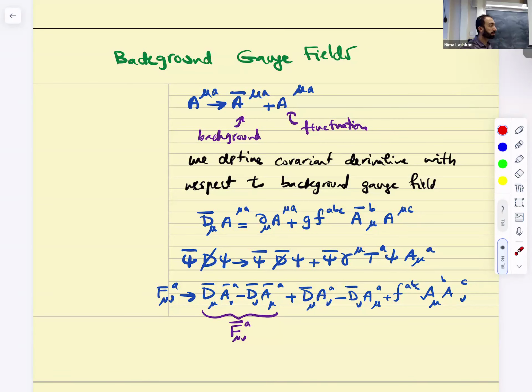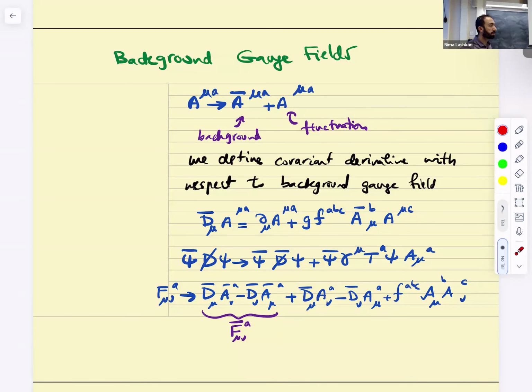Now, the effective action of A bar will have a residual gauge transformation. It will have to, right? And if you package everything in terms of covariant derivatives with respect to this background gauge field, things are a lot more obvious. We did that, right?